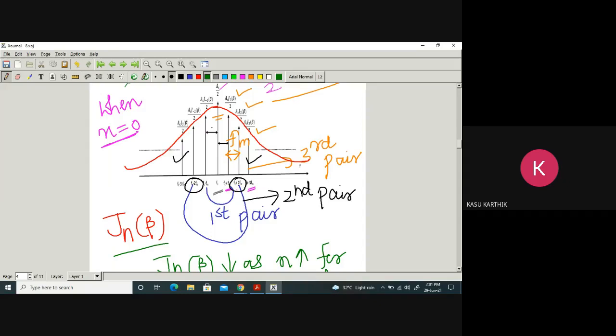If n increases, obviously the amplitudes of the sidebands also decrease. Why? Because generally J2(β) will be less than J1(β), and so on. As n increases, these values will decrease.